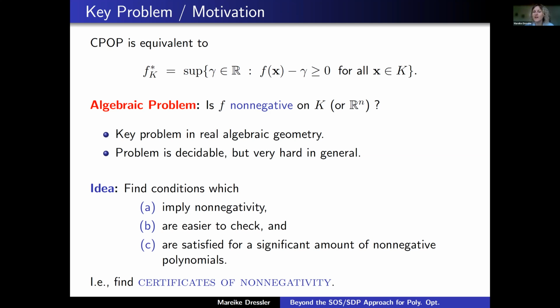They better be satisfied for a significant amount of non-negative polynomials, right? Because you can find sufficient conditions which are easy to check for maybe one or two polynomials, but this is not really useful if this is not valid for a significant amount of polynomials. And these sufficient conditions we call certificates of non-negativity.